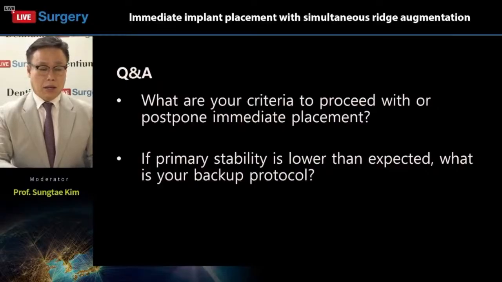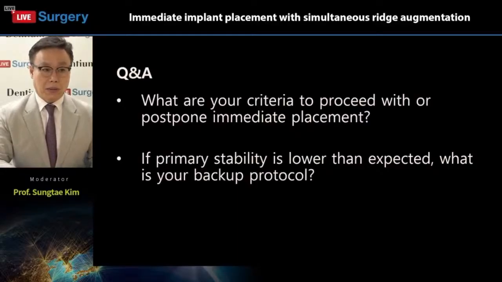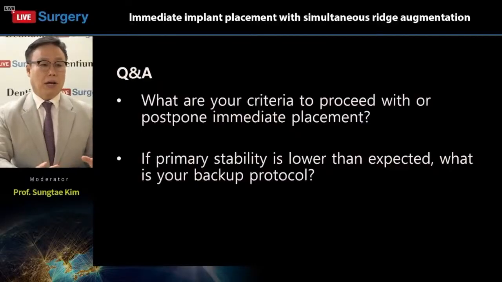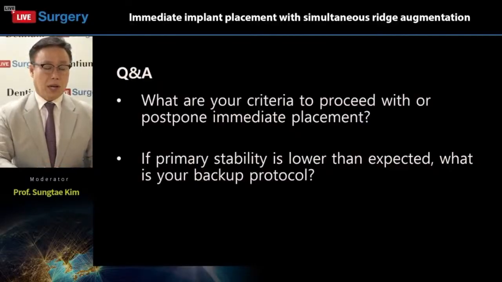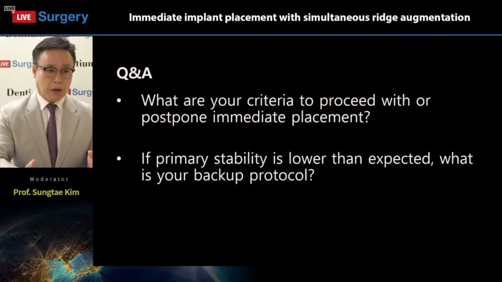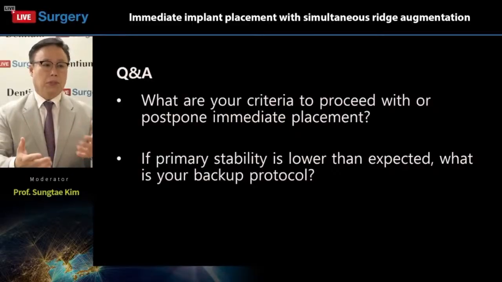Can you place the 4.0 diameter implant on that specific area? It's not possible, because if you place the 4.0 diameter implant on the lower anterior tooth area, it will be ugly. Some part of the metal abutment and the implant will be exposed outside.